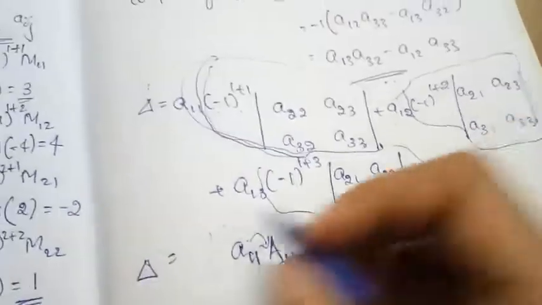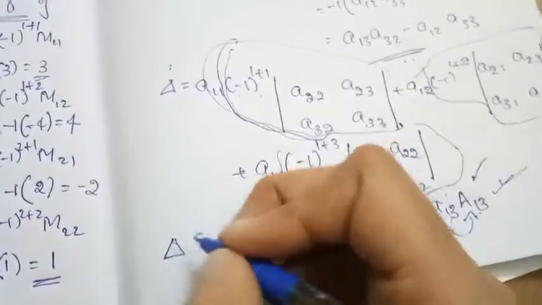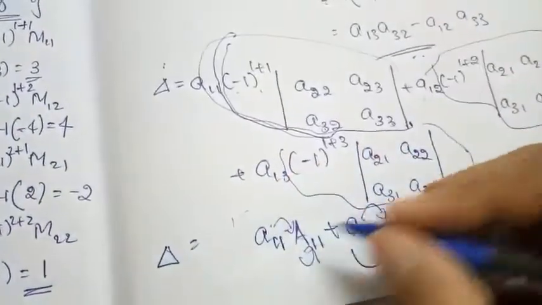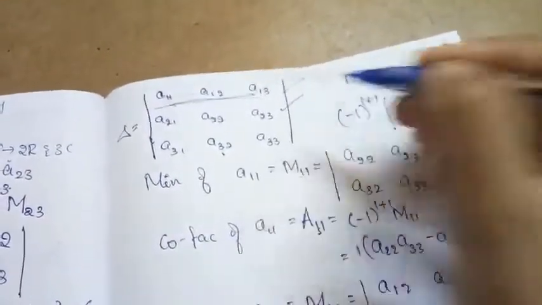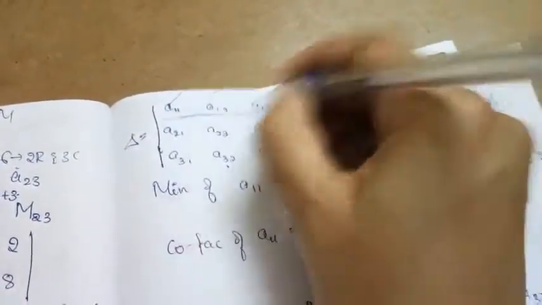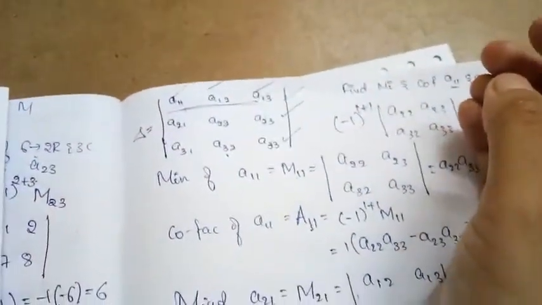This is how we get the determinant value. This is along row 1; you can even get the value of the determinant by expansion along the second row, third row, first column, second column or third column.